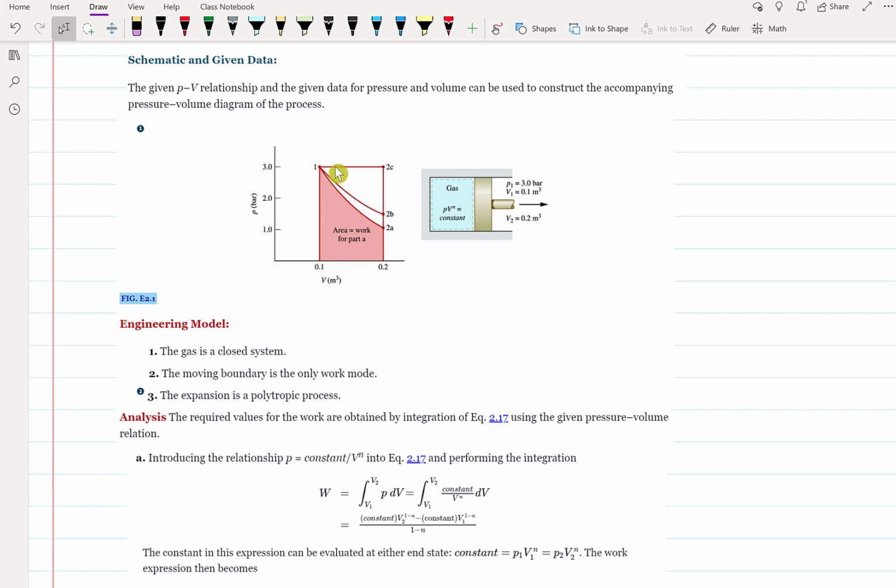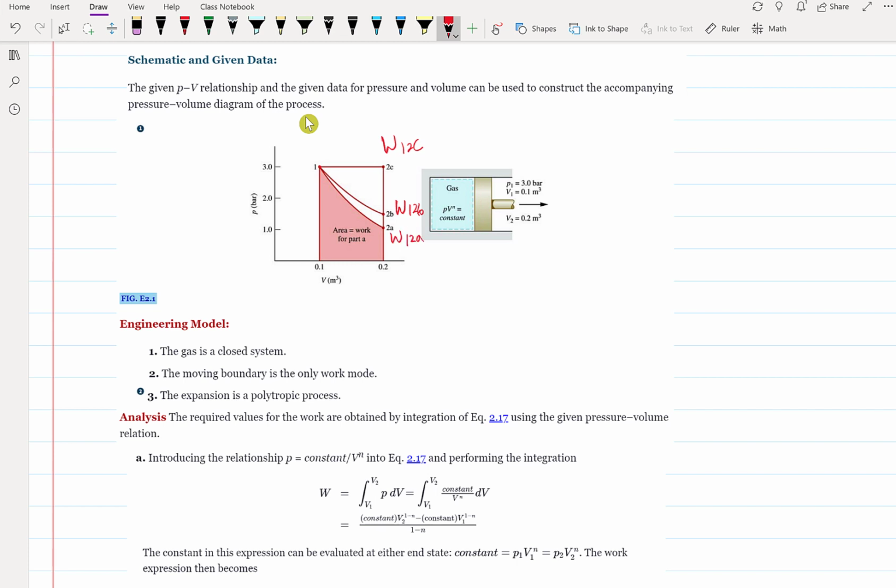So the work during the process 1 to C, or W1 to C, work during process 1 to B, or W1 to B, or the work during process 1 to A, or W1 to A.